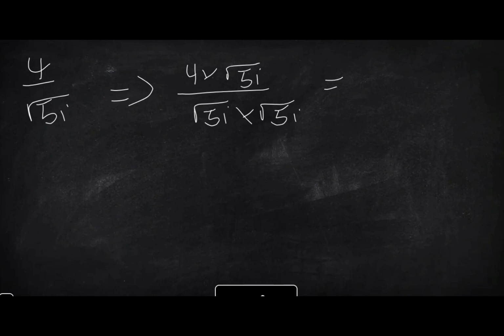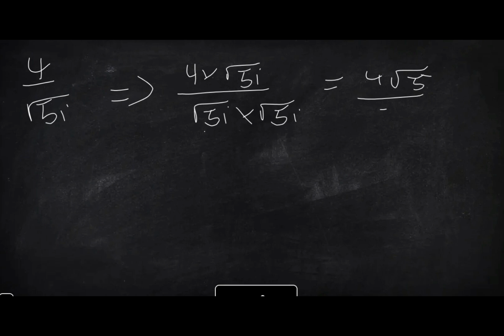This gives 4 root 5 over root of 5 times root of 5 gives root 5 squared, of which the square root cancels out.